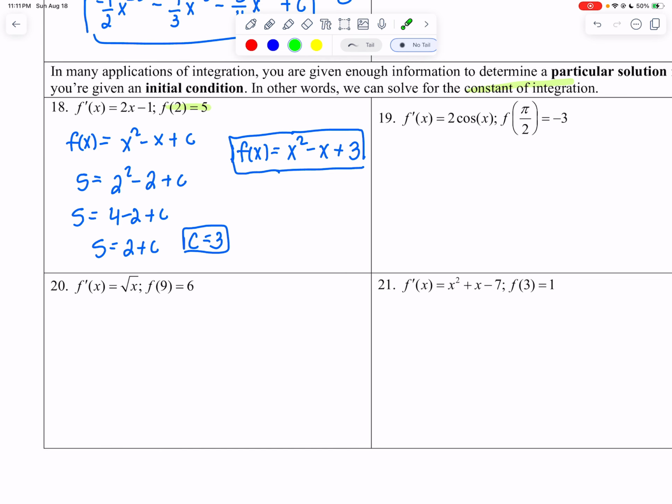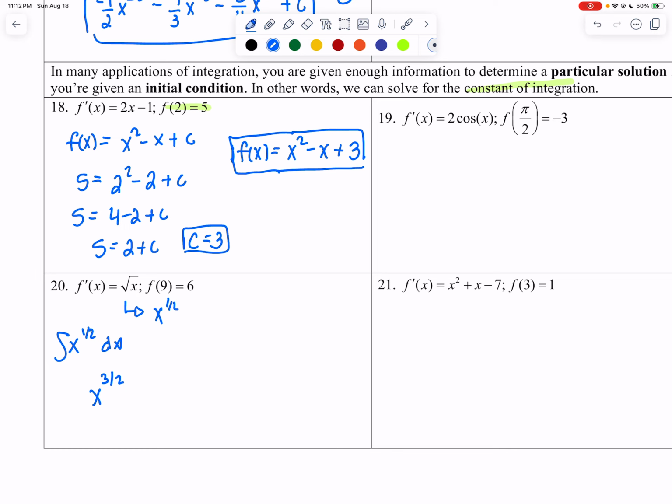Likewise, for number 20, I'm going to do the same thing here, where I want to take the antiderivative of x to the 1/2. So I'm going to up my power.